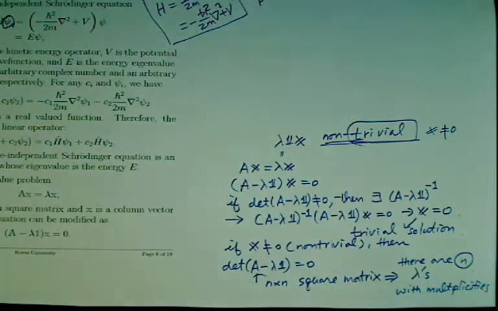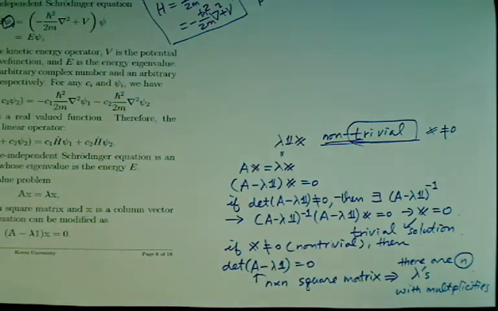Therefore, the determinant of this n by n square matrix gives an nth order equation for lambda. The fundamental theorem of algebra states that there are complex solutions for this eigenvalue lambda, with multiplicities.